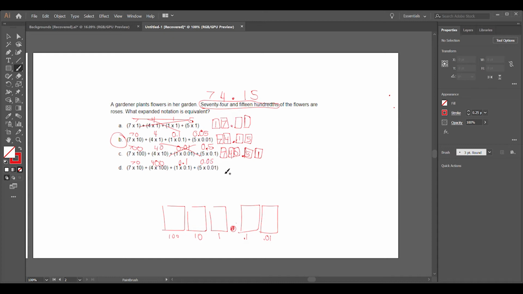Here we go. We got 70 plus 400. I put my boxes. I know it's kind of tedious to do these, but just make sure you get the right answer.